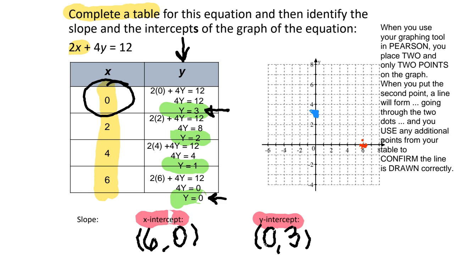When you put the blue on, that's one little dot. But the minute you hit the graphing tool to place the second dot, let's say it was the red one, you will find that Pearson will automatically draw a line between these 2 points.